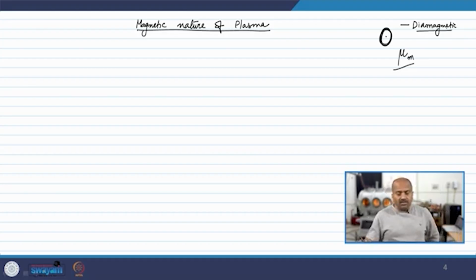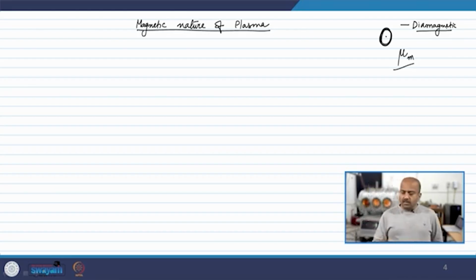Now, according to the classical theory of magnetism, individual dipoles or magnetic moments, if it is a ferromagnetic material, you consider small groups of arranged dipoles as a domain, and these domains align in the direction of external magnetic field and constitute a heavy magnetization, right. So, it is basically called a ferromagnetic material.